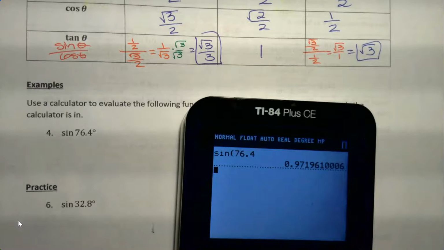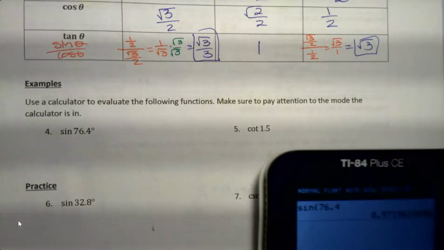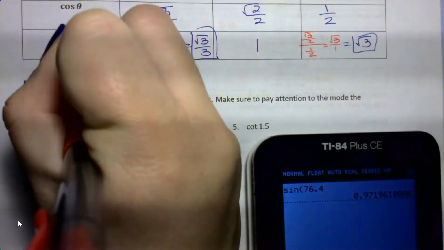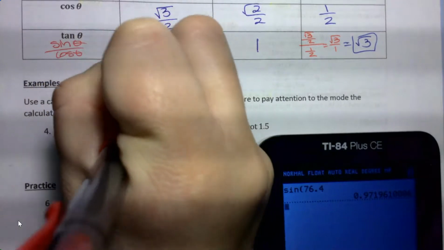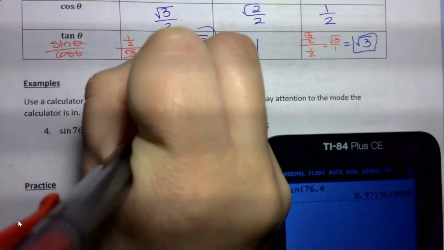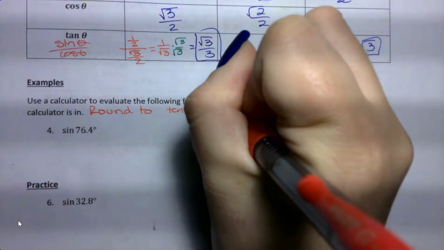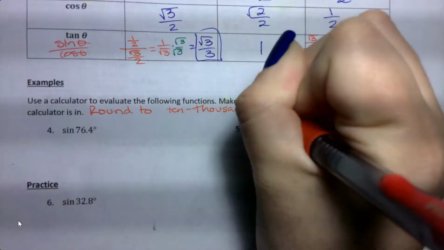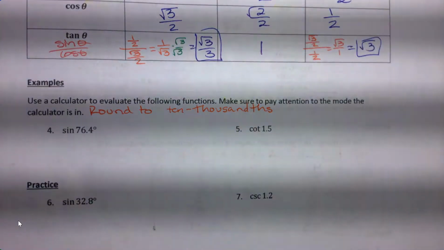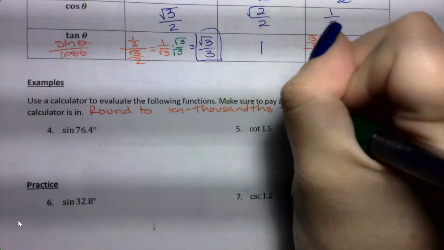I didn't say on the notes, but the homework wants you to round to the nearest 10 thousandths. So this is 4 decimal places.